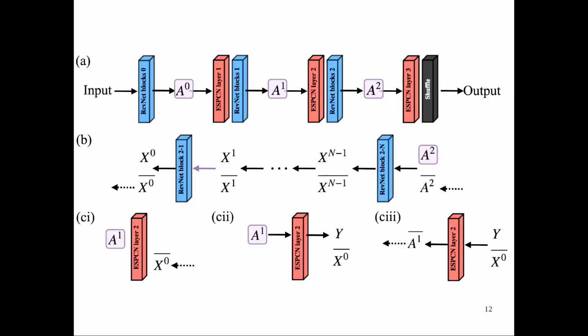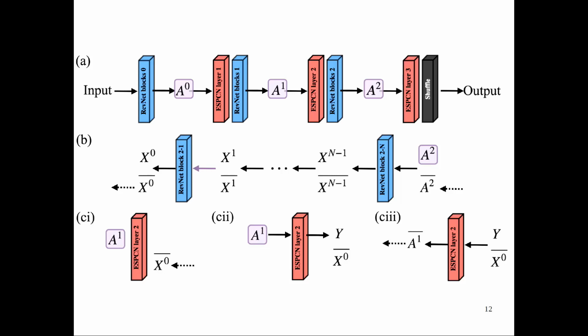The global forward and backward propagation was done in a similar fashion to how I previously described the iterative procedure. In the forward pass, we cache absolutely nothing except for 3 intermediate activations. In the backwards pass, which is illustrated here for the region between A2 and A1, we do this procedure that I described before on the reversible block.